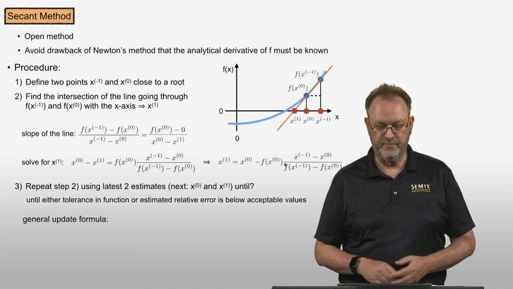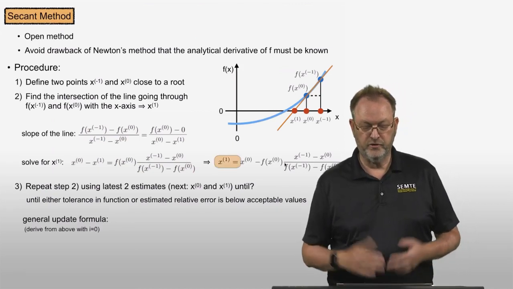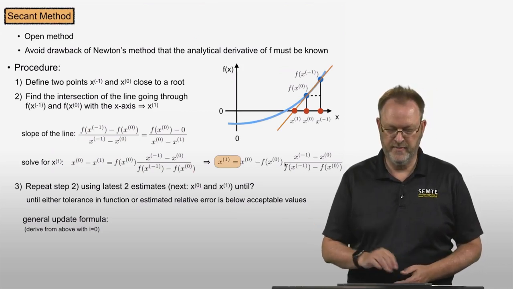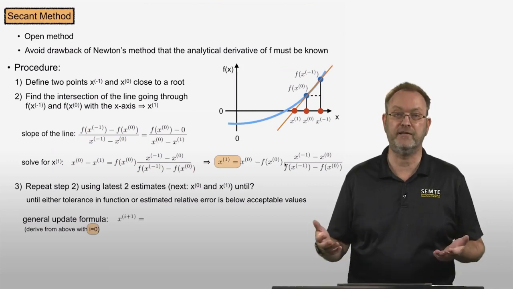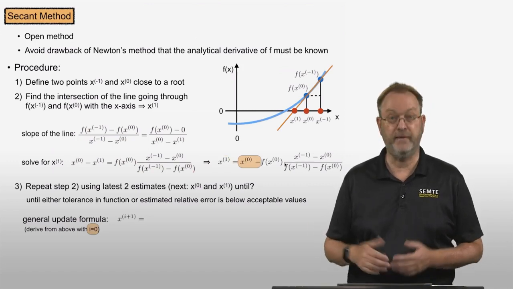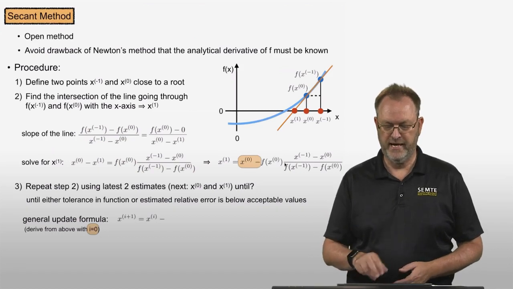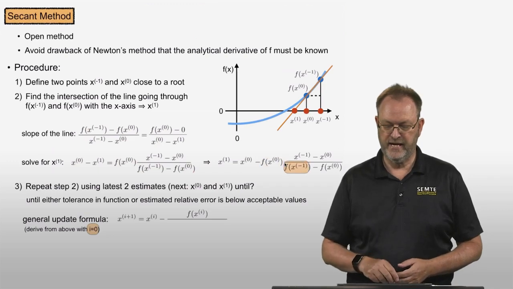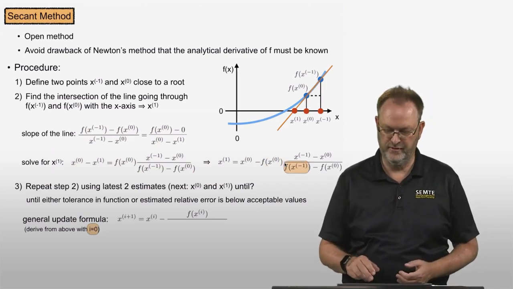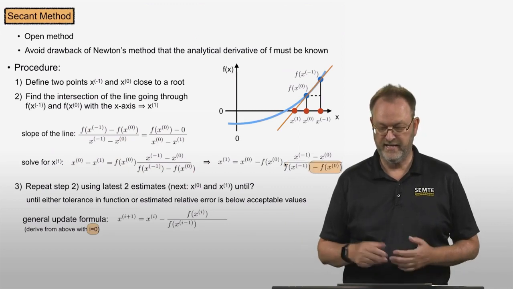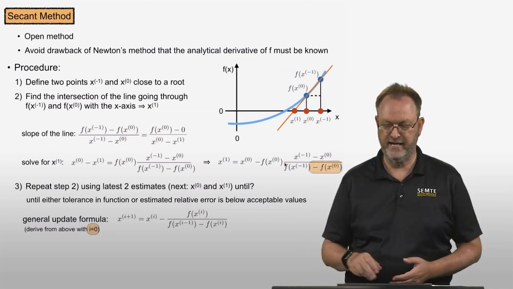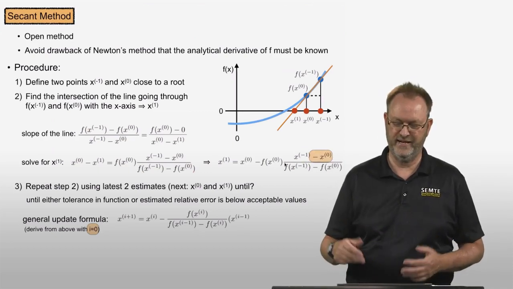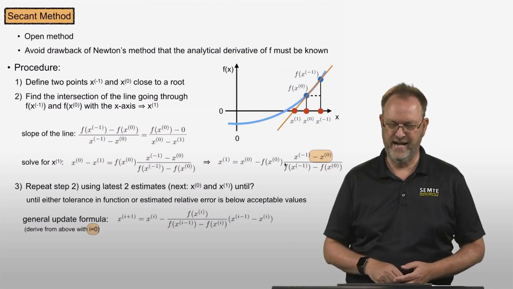So let's write the general update formula in here. I'm going to derive this formula by setting i equal to 0, which means my new value x i plus 1 is equal to my prior value x i minus f of this prior value, so f of x i, divided by f of my prior value, so f of x i minus 1 minus f of x i, divided by x i minus 1 minus my prior x value x i.